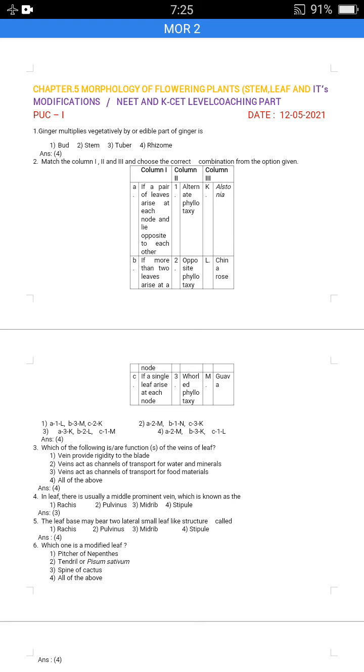The axillary bud later develops into a branch. So leaves originate from the shoot apical meristem and are arranged in acropetal order. They are the most important vegetative organs of photosynthesis. So the correct answer for this question: leaves are generally modified.